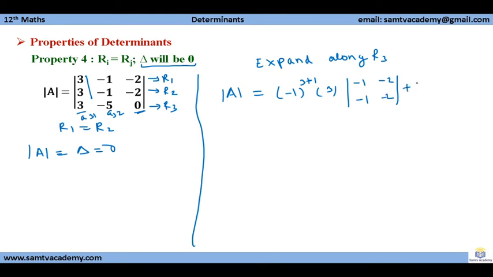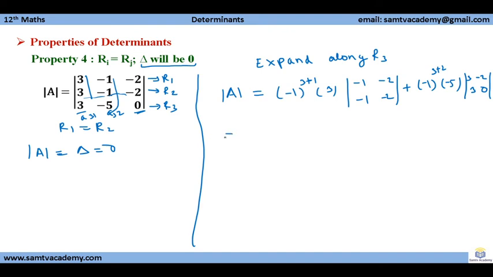Next element minus 1, next location is 3 plus 2, element is minus 5, and we have to leave this row and this column. So we are left with 3 minus 2, 3 0.